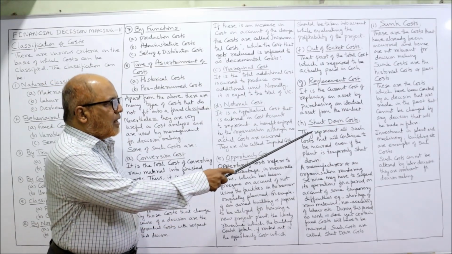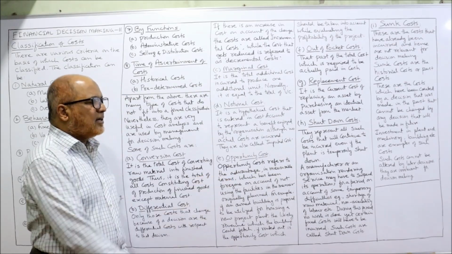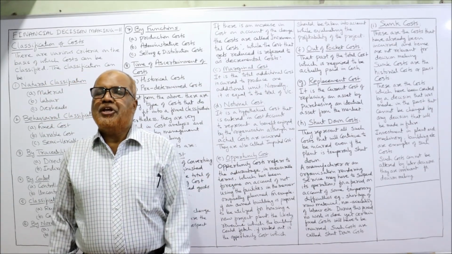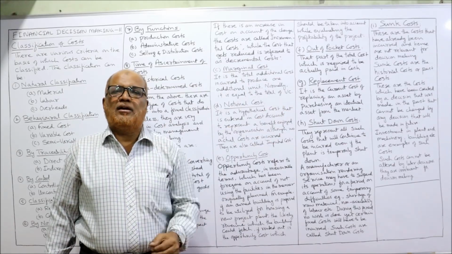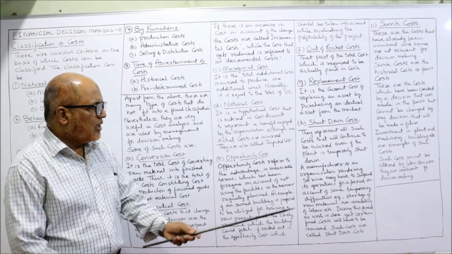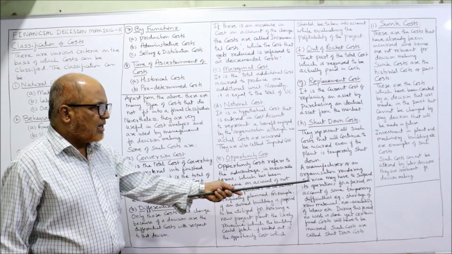So here they represent all such costs that will continue to be incurred even if the plant is temporarily shut down. If the plant is temporarily shut down, even then the cost has to be incurred. That cost is called shutdown cost. Example, a manufacturer or an organization rendering service.